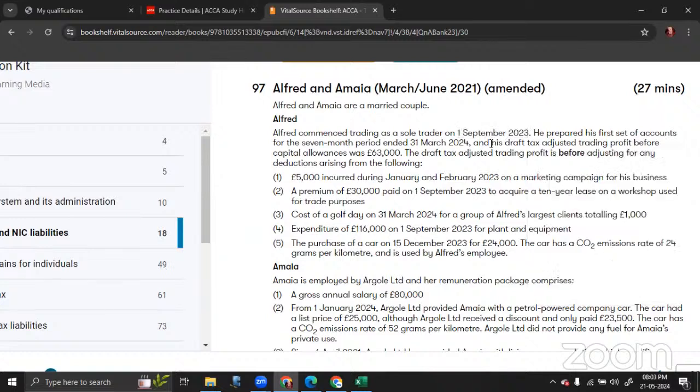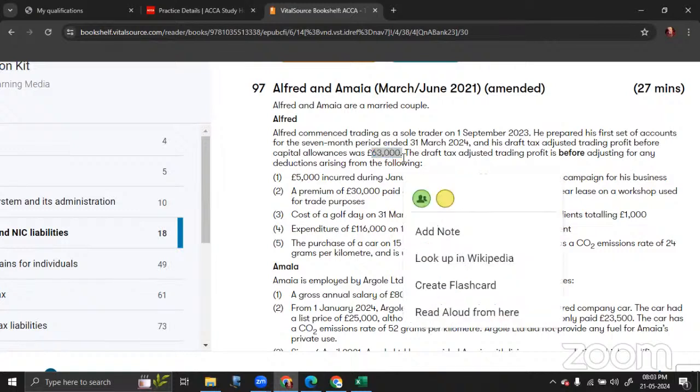He prepared his first set of accounts for the 7-month period, September, October, November, December, January, February, March. For 7 months, his draft tax adjusted trade profit before capital allowance was 63,000. So his profit figure before deducting capital allowance was 63,000.